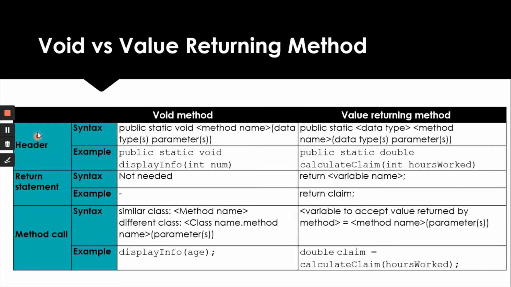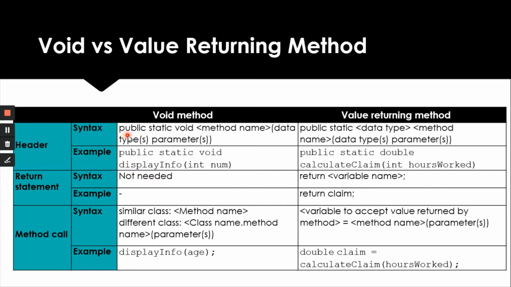So here are more technical things. We have the syntax and example of your header, the return statement, and also method call. There are two types here. If you see, there are two columns, one for the value returning method and one for the void method. So how do you write the header of a void method?